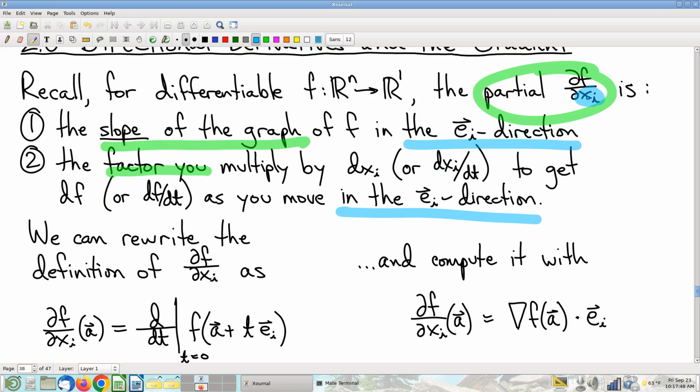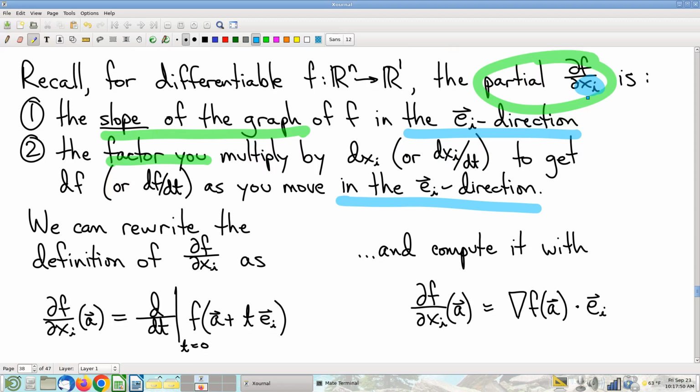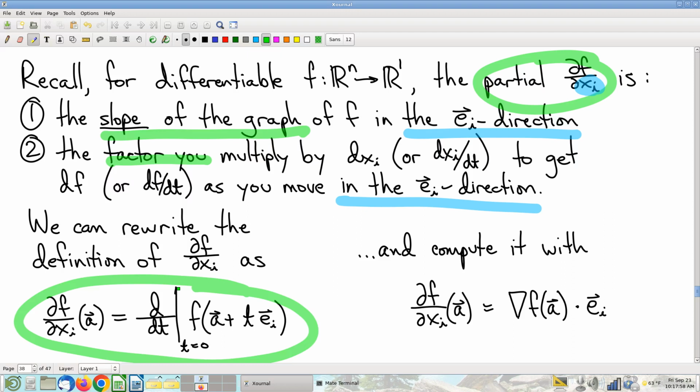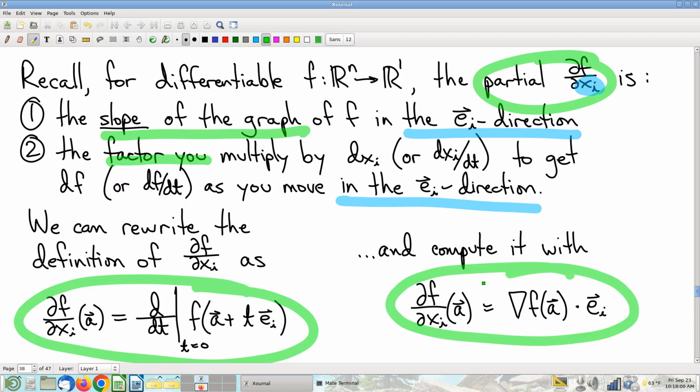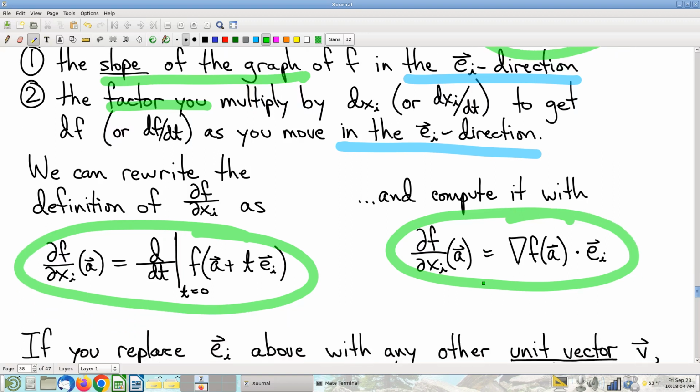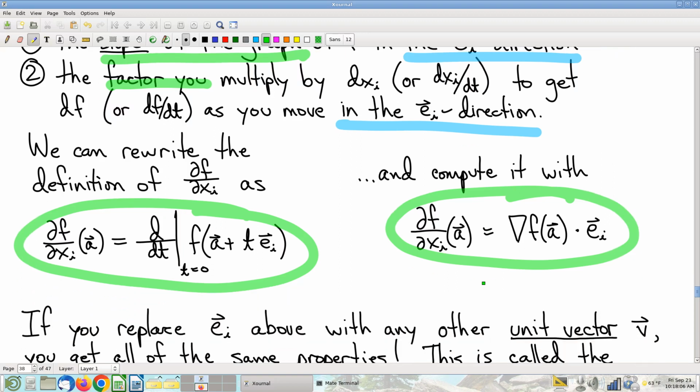Now a couple of other things, and you can view these in different ways. In some sense, you can view both of these results as consequences of the chain rule. You can view a partial derivative as what you get when you start at the point where you're evaluating the partial derivative, and then you move. Notice I've made a parametric line here.